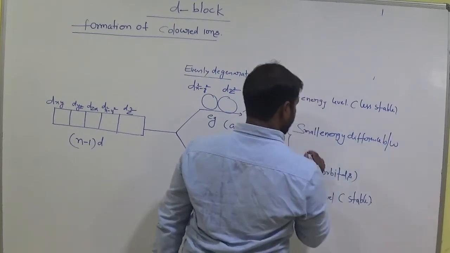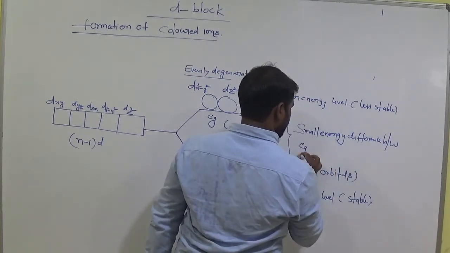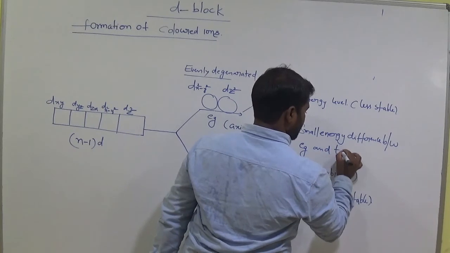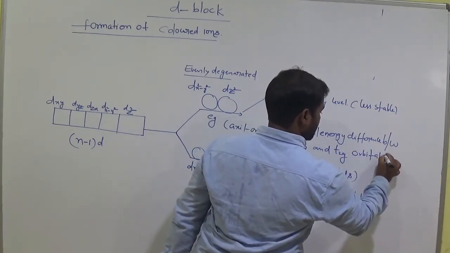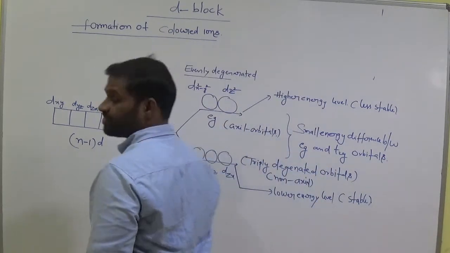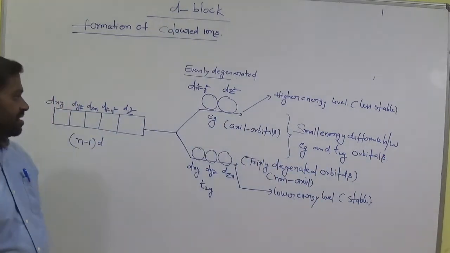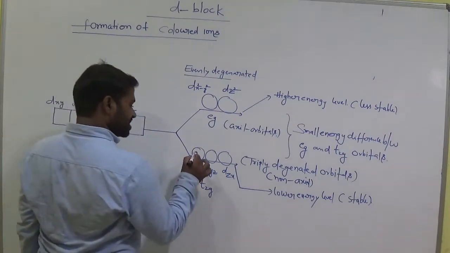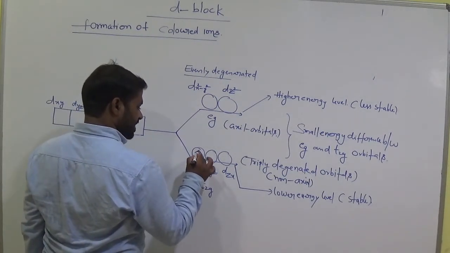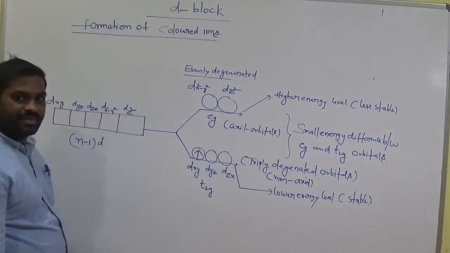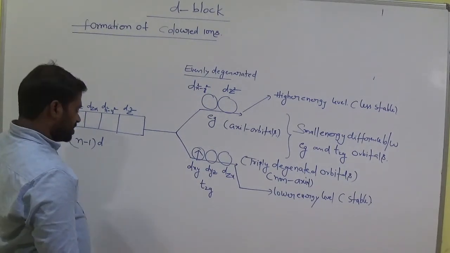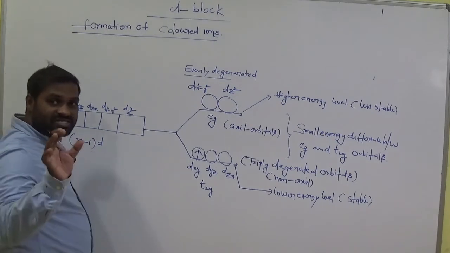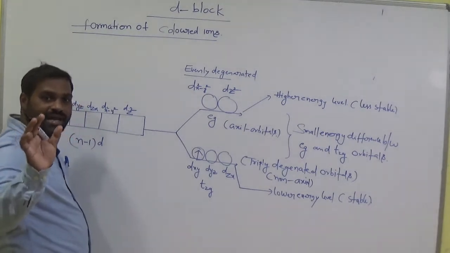The difference between eg and t2g orbitals. Okay, clear? Now, suppose this is the electron which is present at the ground level. Now we have the light source, that is visible light.